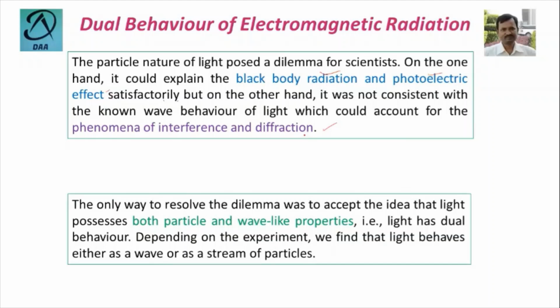So from these two phenomena, black body radiation and the photoelectric effect on one side, and the wave nature shown by interference and diffraction on the other, light has dual characteristics, both particle and wave-like properties. In this way, we can consider the dual behavior of electromagnetic radiation.